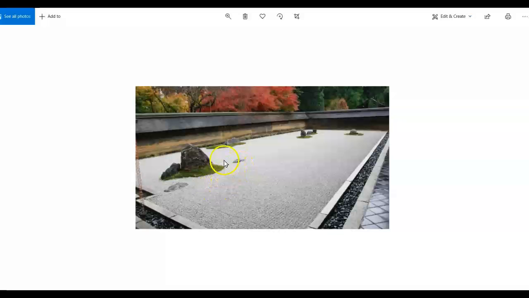The proportions of the circles, the raking goes around these protrusions of rocks, etc.